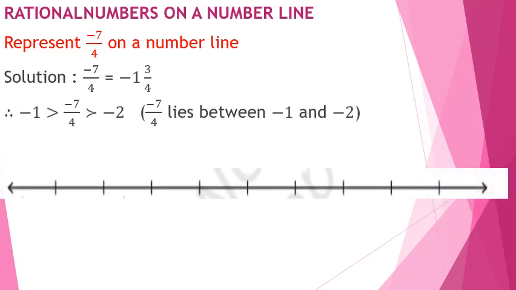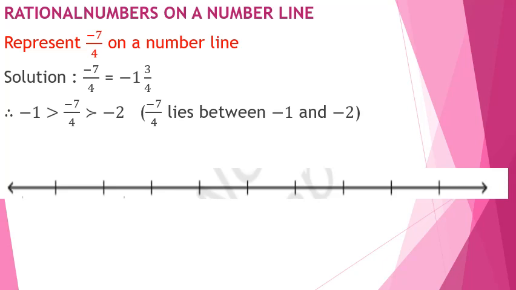To represent minus 7 by 4 on a number line, first you have to draw a number line. Then leave some space and mark the first point. Then take the scale. Take 1 centimeter distance and mark the points on the number line just like this.